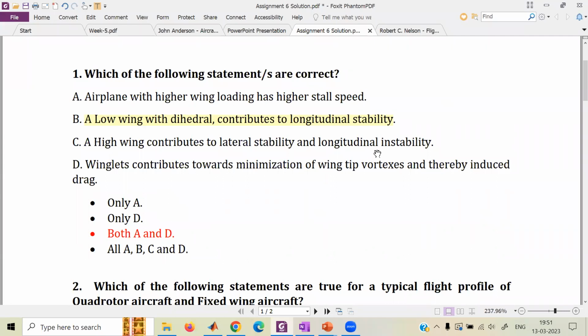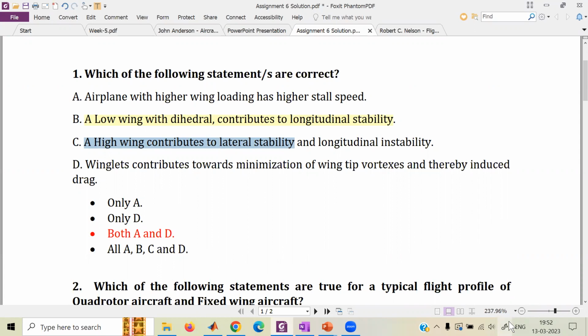So what happens because of that? So is it correct, this part: a high wing contributes to lateral stability? Is it correct, this one? Yes, sir. So I think C, yes sir, is absolutely correct.